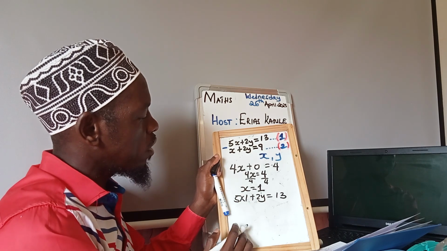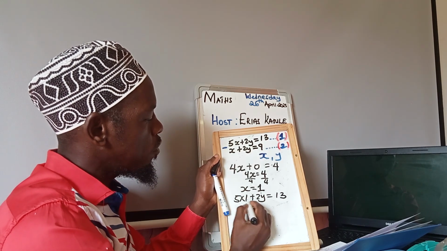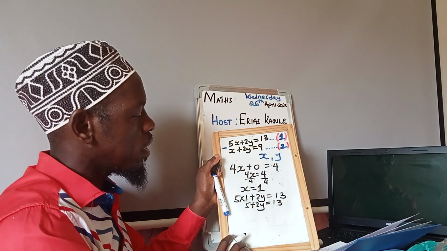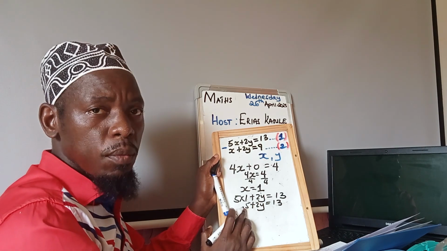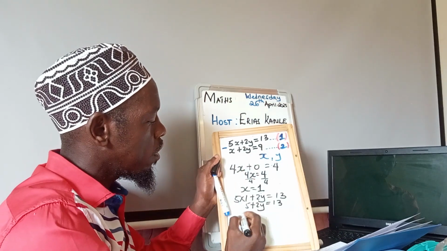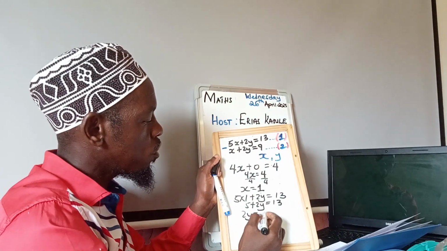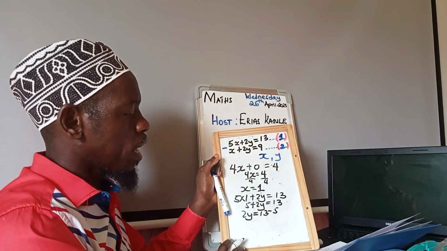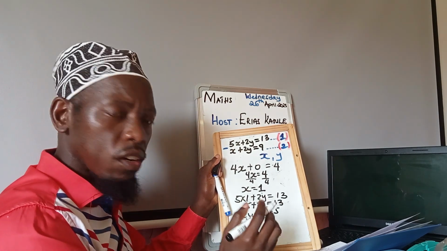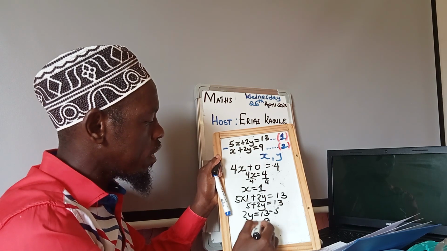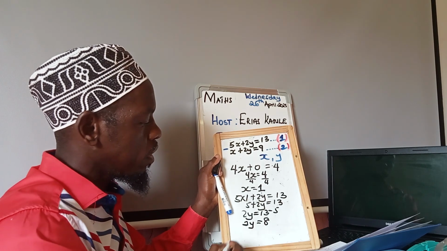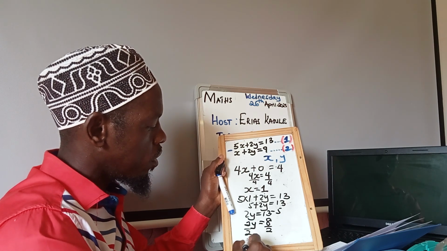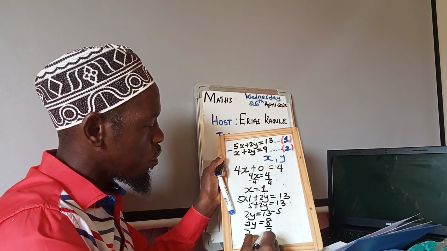So 5 times 1 is a 5, so we have 5 plus 2y is equal to 13. Then we shall subtract 5 on the other side. So we have 2y is equal to 13 minus 5. So 13 minus 5 will give us 8 is equal to 2y. So again, we divide by 2, we divide by 2, and our y will be equal to 4.